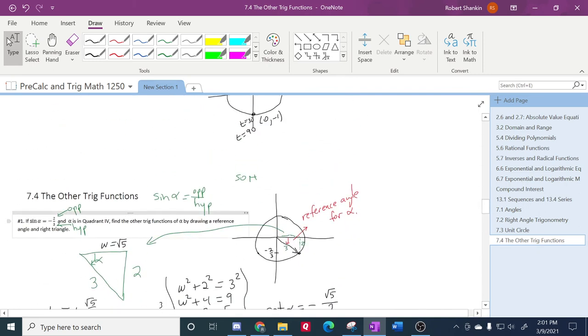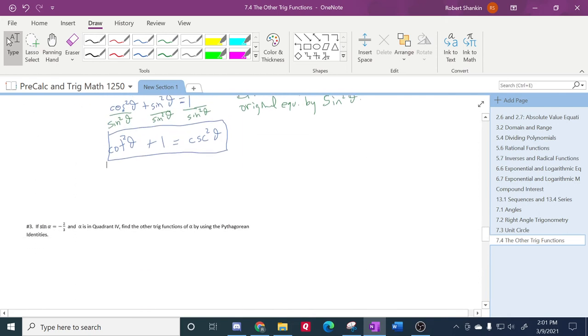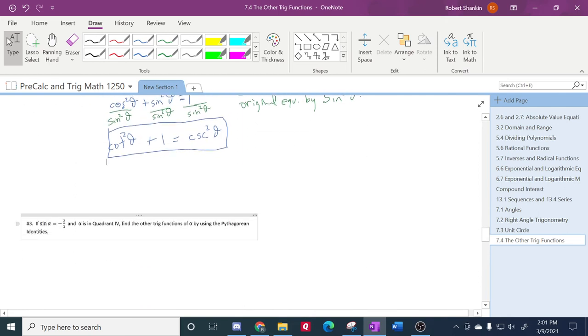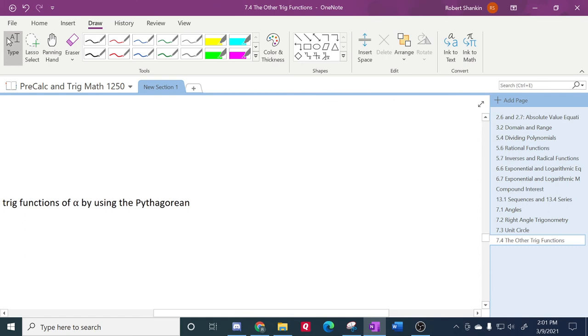If the sine of theta is negative 2/3 and alpha is in quadrant 4, find all the others. Same problem. Find all the other things, but this time we're going to use Pythagorean identities. It's an algebraic way to do these problems.